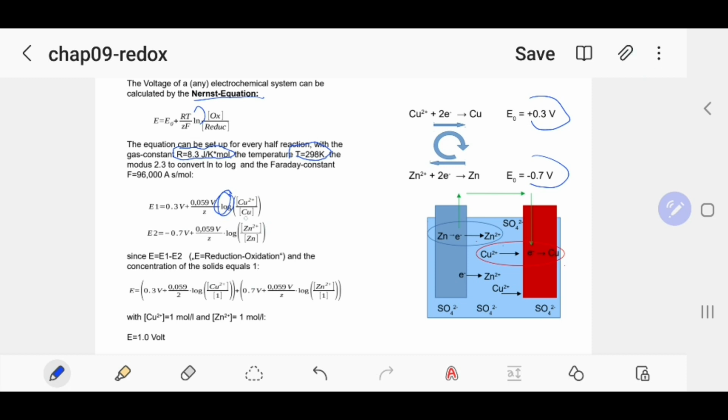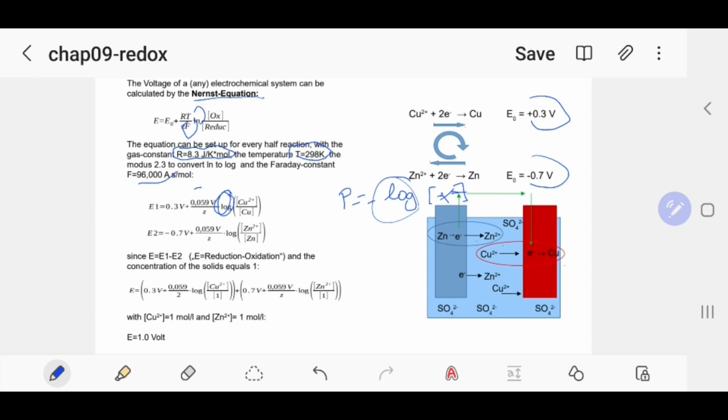Because the potential of something, which is the P operator, which we talked about in the first lesson in the acids and bases, is minus log. So we deal with minus log concentration of something. So we deal with the logarithm function, and we have also the Faraday constant, which is equal to 96,000.